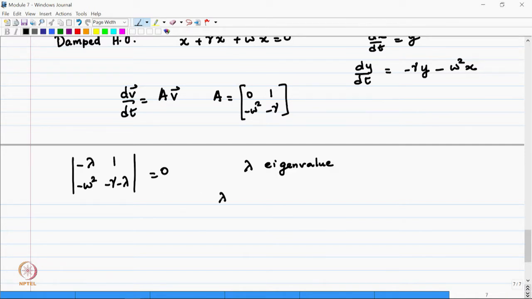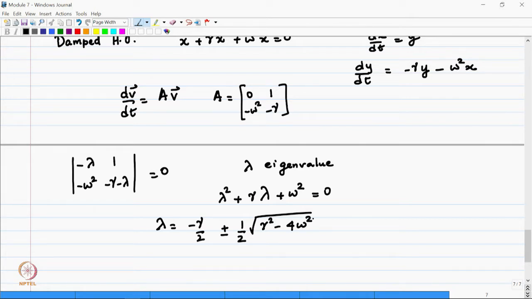You get lambda square plus gamma times lambda plus omega square equal to 0, or lambda is equal to minus gamma by 2 plus or minus half square root of gamma square minus 4 omega square. These are the eigenvalues.